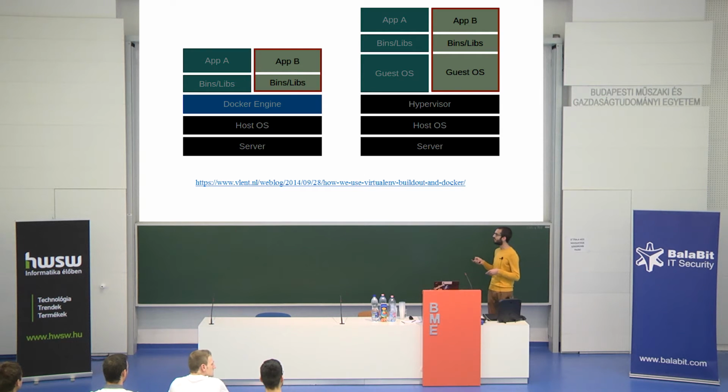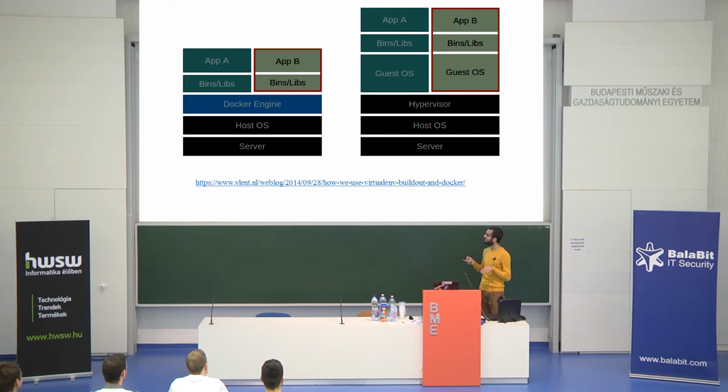So with containerization, again, you have a server, which is the physical piece of hardware, and you have a host OS. And on top of it, this image actually shows Docker Engine, but Docker Engine is not actually running while your applications are running.